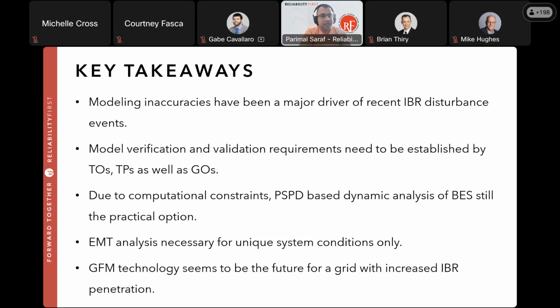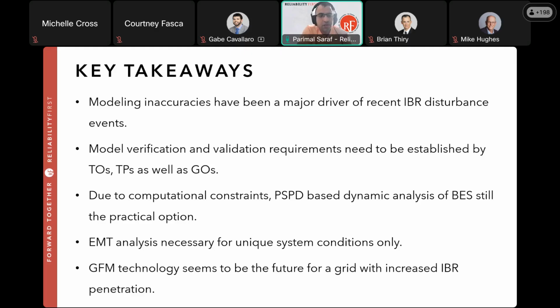So the key takeaways are essentially that in recent IBR reported events, model inaccuracies have been the major driver. As part of NERC recommendations, model verification and validation requirements need to be established in order for these models to replicate what the actual hardware is doing in the field.